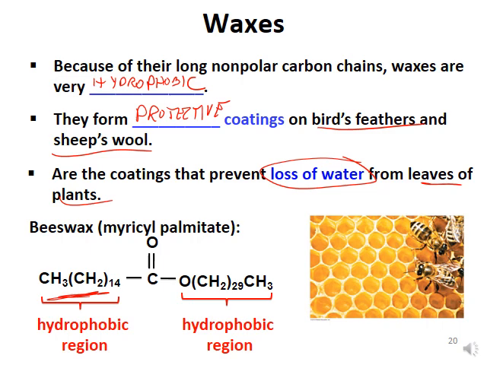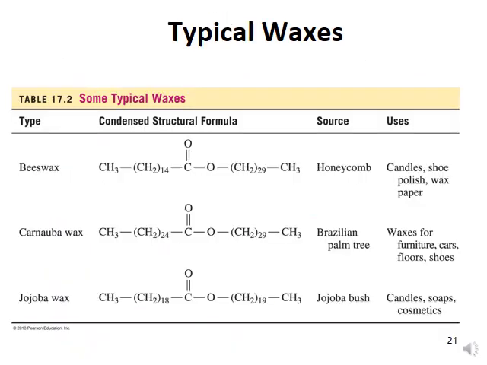Long hydrophobic region with a sort of a polar lump in the middle. Bunch of typical waxes: beeswax, carnauba wax. They always use carnauba wax on cars. And jojoba wax, which is another one. They also make candles and soaps and other things out of the jojoba bush, and then they extract the wax from those.